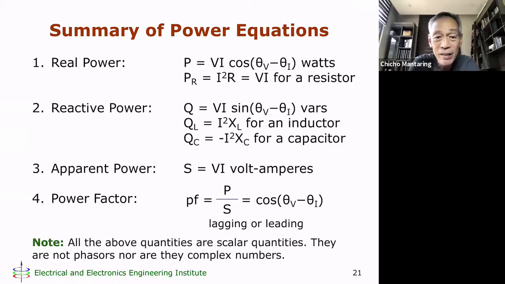Yes, that's right. If I have a resistive circuit, my power factor is 1. That means my voltage and current are in phase. That means that S is equal to P. My volt amperes and my watts are actually equal.